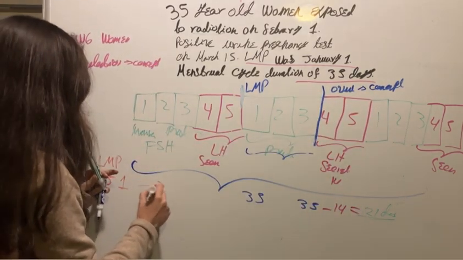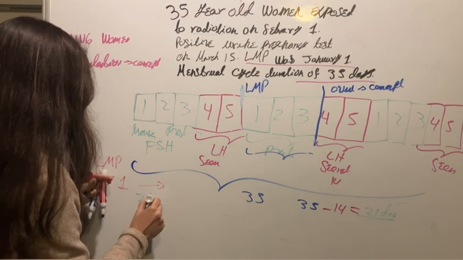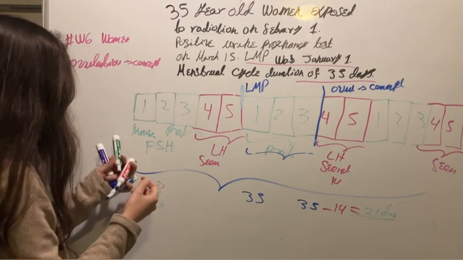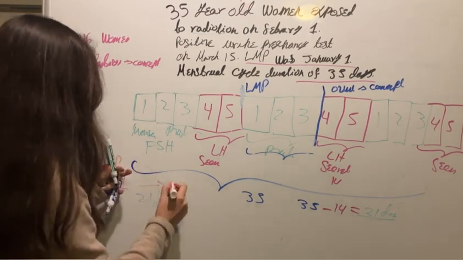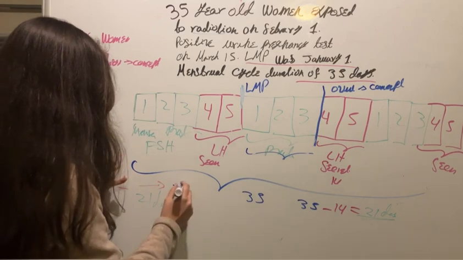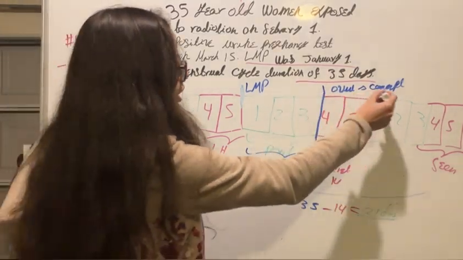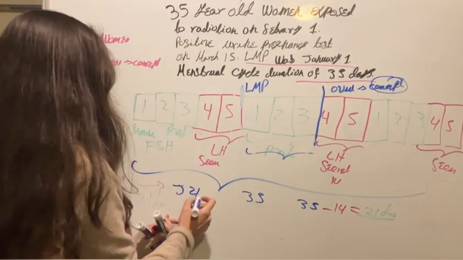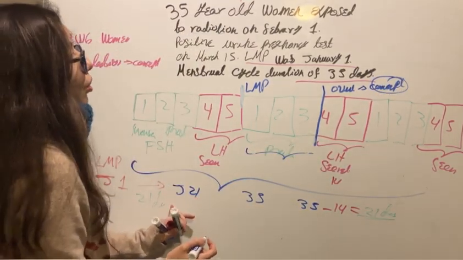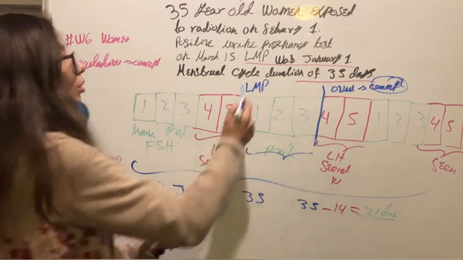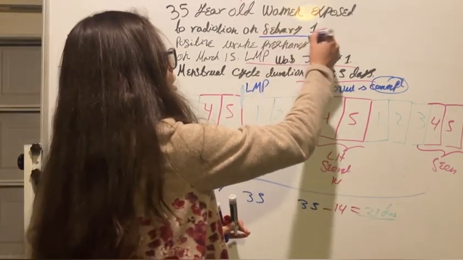So 21 days after, this will be January 21. January 21 is the conception date. So she received radiation on February the 1st.